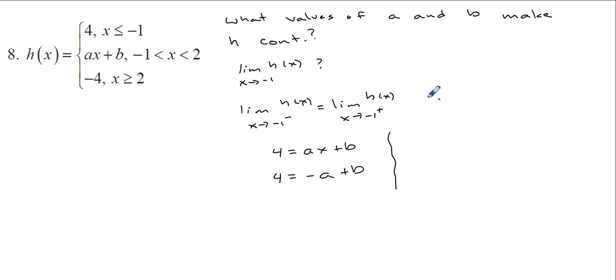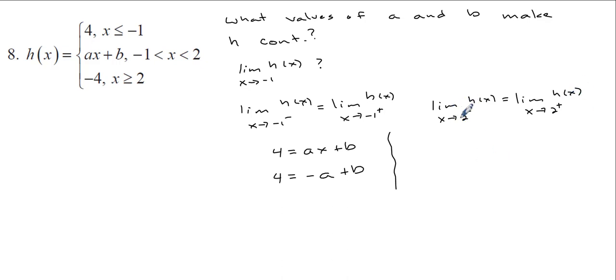I'm going to skip a step here and not write the first part. We're just going to set up the second part. We're going to find the limit as x goes to 2 from the left, which has to be equal to the limit as x goes to 2 from the right.